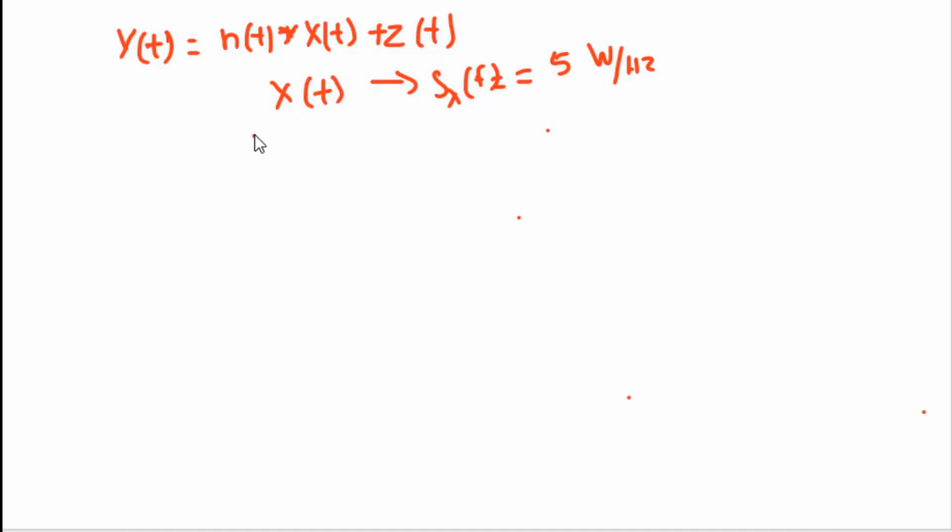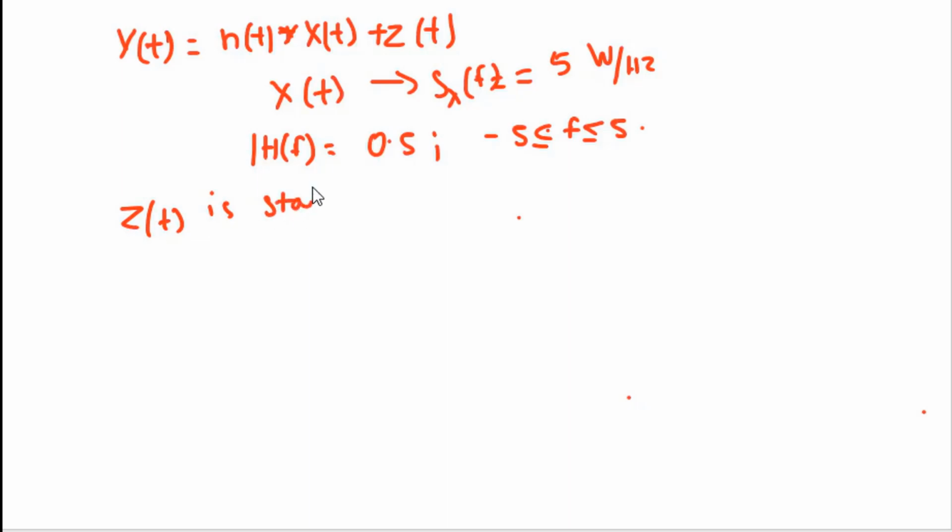Also, you are given the magnitude response of the filter, that is H of f is 0.5 from -5 to 5. z of t is a stationary random process, which is uncorrelated to x of t.